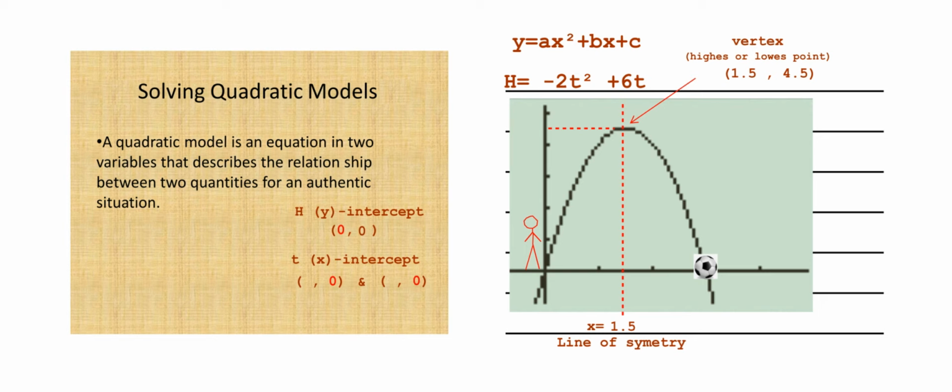Height of 0, time of 0. And initially, when the player kicks the ball, it starts at height 0. So the t-intercepts would be 0, 0 as well for this particular case. So both the y-intercept and the t-intercept match at one particular point.